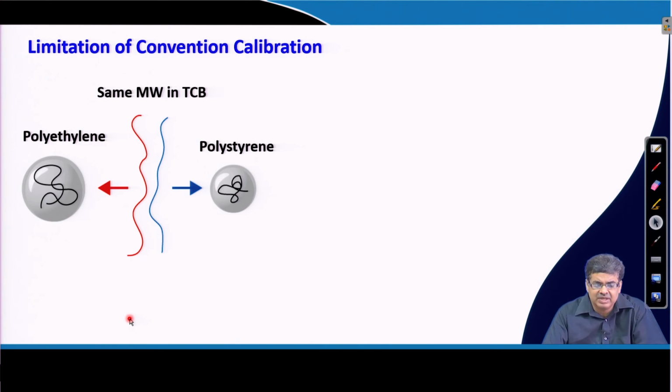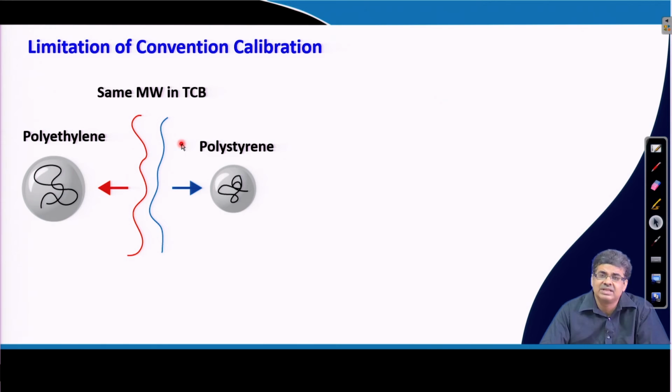I will give you an example. Say polyethylene and polystyrene having the same molecular weight in trichlorobenzene solvent. Now, if you look at these sizes, the polyethylene has a larger size in this solvent compared to polystyrene. Hence, the elution volume for polystyrene will be longer than this.